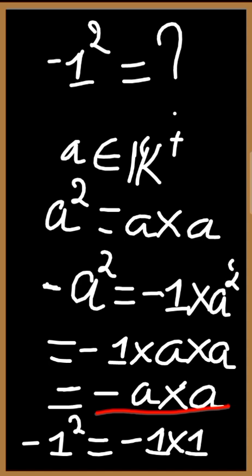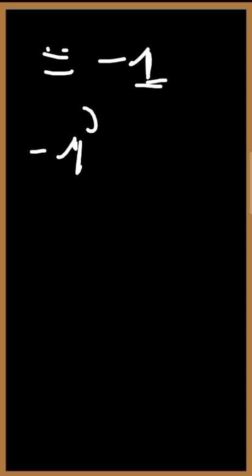Negative 1 times 1 is simply equal to negative 1. We conclude, therefore, negative 1 squared is simply equal to negative 1.